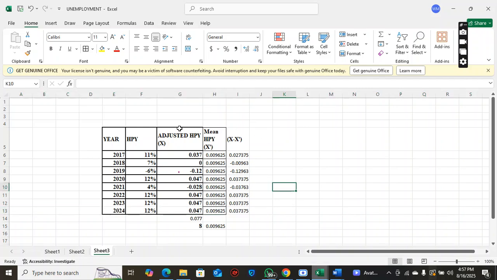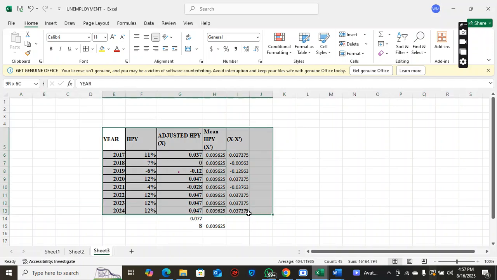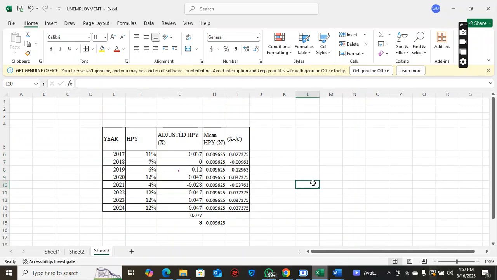Then after you subtract, now we have to square these deviations.